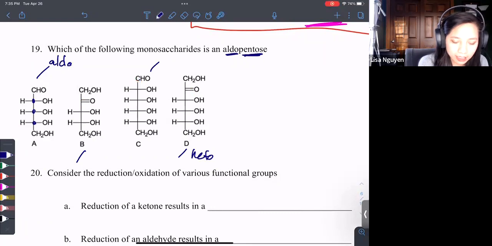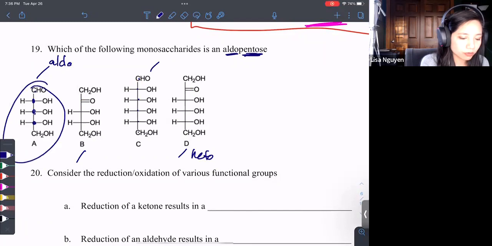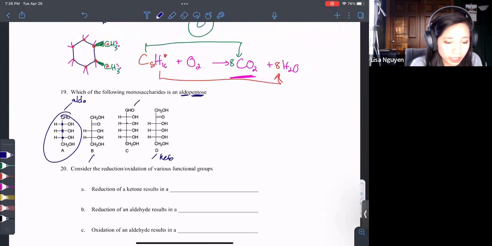So the answer has to be A or C. We need one that has 5 carbons. So 1, 2, 3, 4, 5, 6. Nope, that's an aldohexose. Our answer is A: 1, 2, 3, 4, 5. So aldopentose.